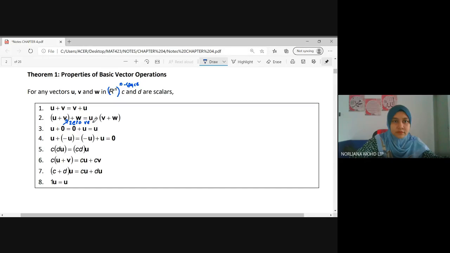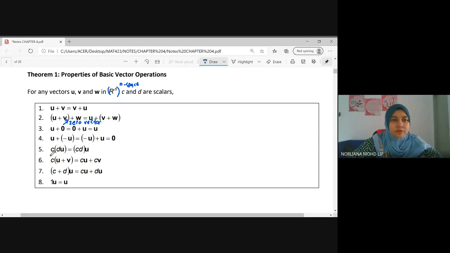So u plus the zero vector equals the zero vector plus u, which equals vector u. Number 4 consists of the negative vector of u. So u plus negative u equals the zero vector.